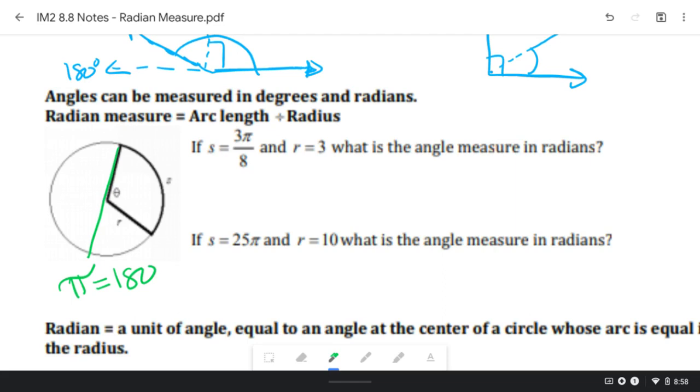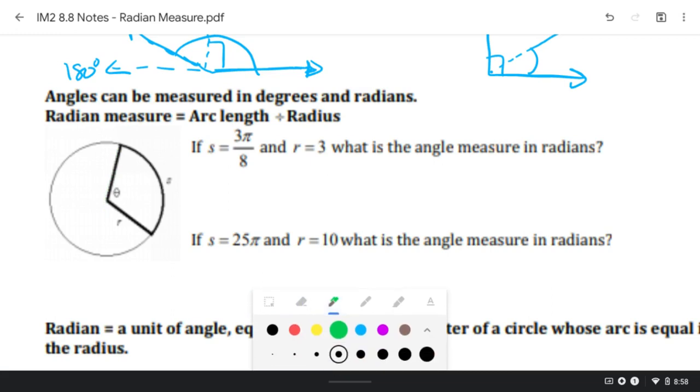So keep that in mind because you're going to use this to help you transition from degrees to radians. Now, you're not super familiar with radians, but you'll be using them a lot next year. So you have to make sure you familiarize yourself with them, okay?